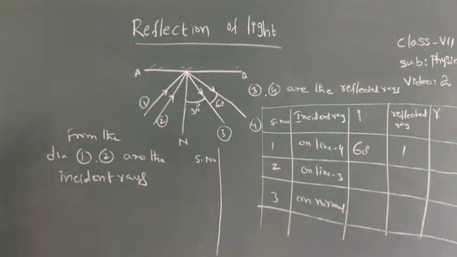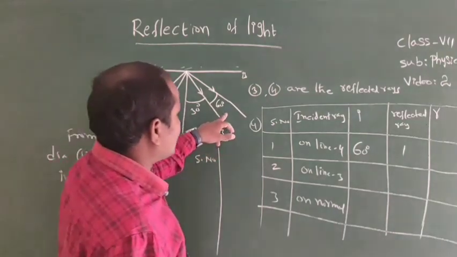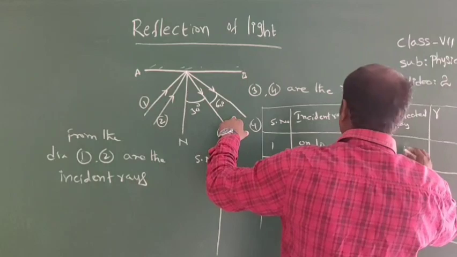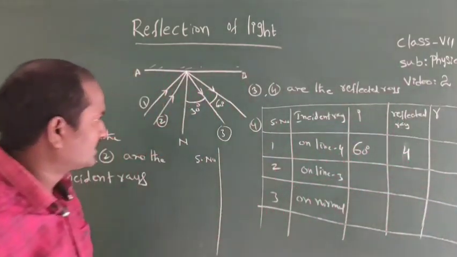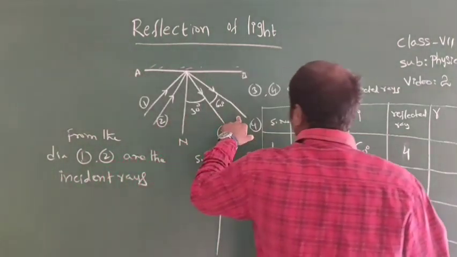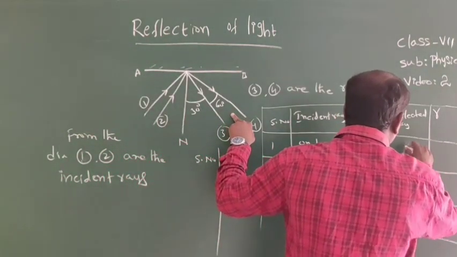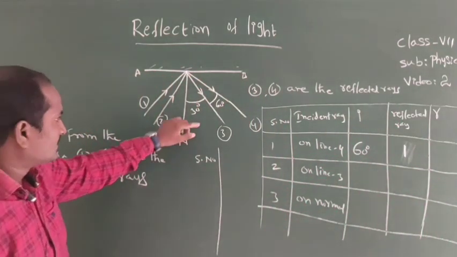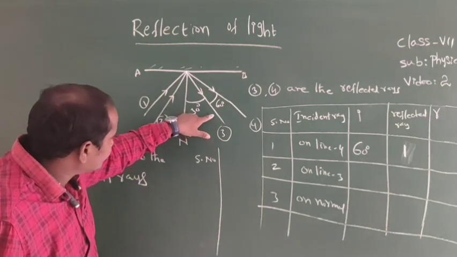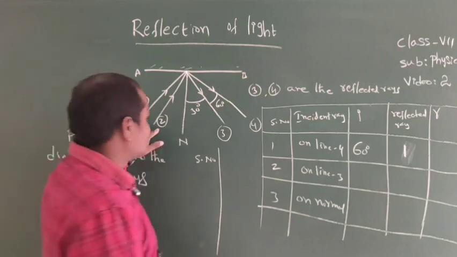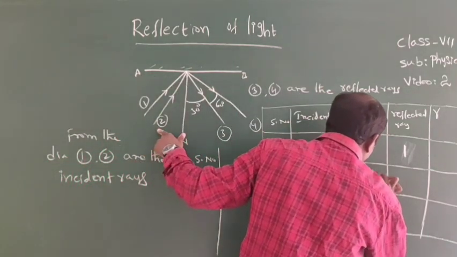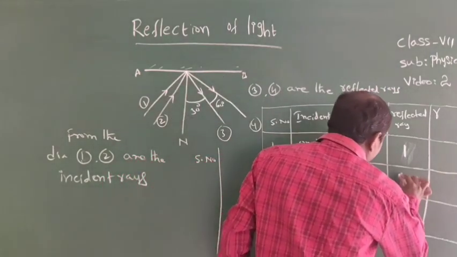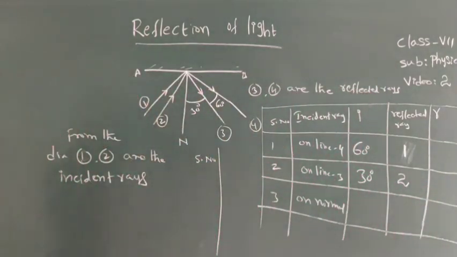Next, on line 3, 3 is the incident ray. For this incident ray, the reflected ray is 2. The angle of incidence is 30 degrees.